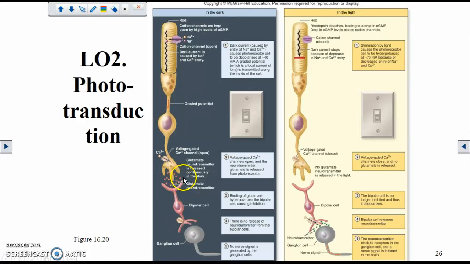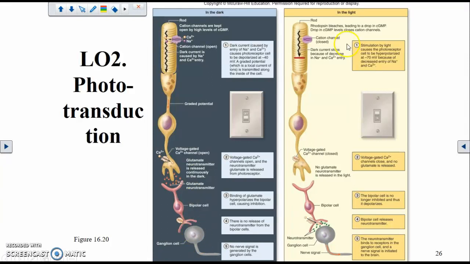In this case, the glutamate inhibits the bipolar cell. So the bipolar cell is in the off position when it's dark. And when the bipolar cell is off, the ganglion cell is not stimulated, and no impulse is transmitted through your optic nerve, which is cranial nerve number 2.